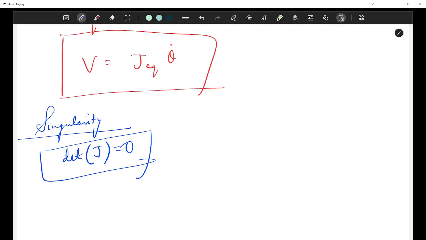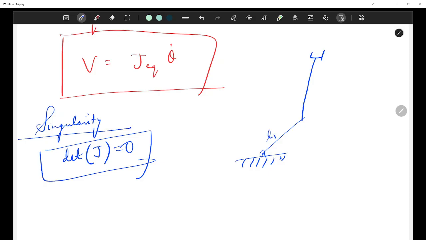There shouldn't be any angle in between L1 and L2. Once it is completely stretched, if you want to move it, you can only move in the tangent direction and you lose control in the direction of the hand. So let me explain this with the help of a figure. Let's say this is your fixed base, and from here you have one link, two links, right?